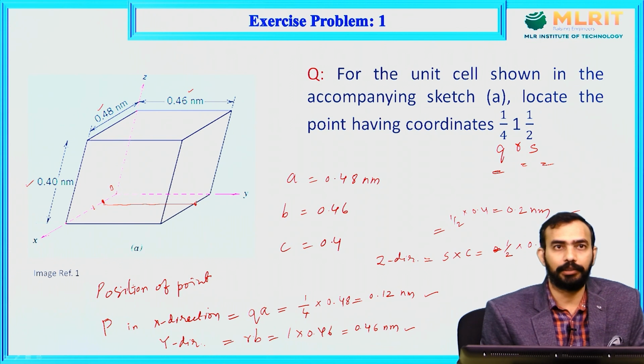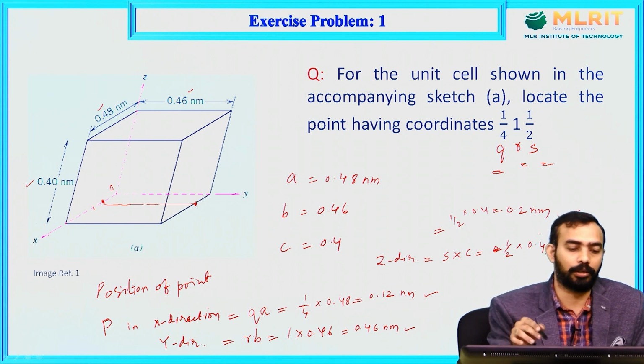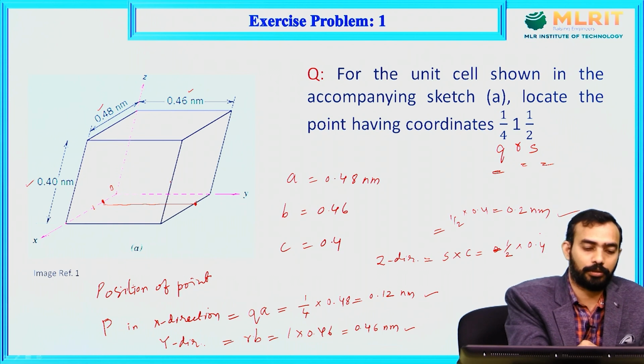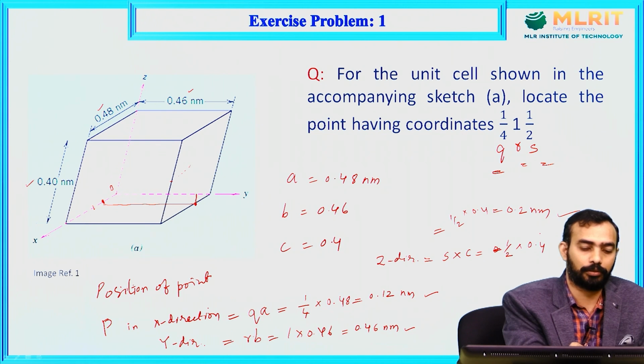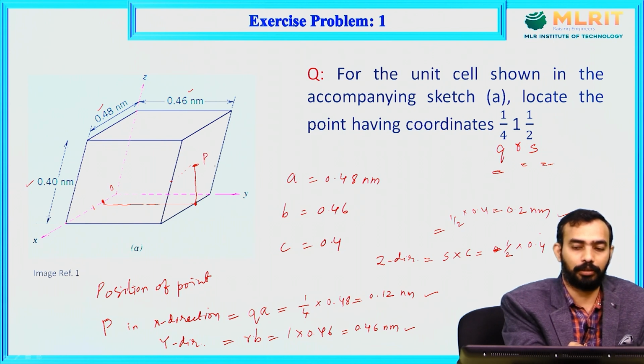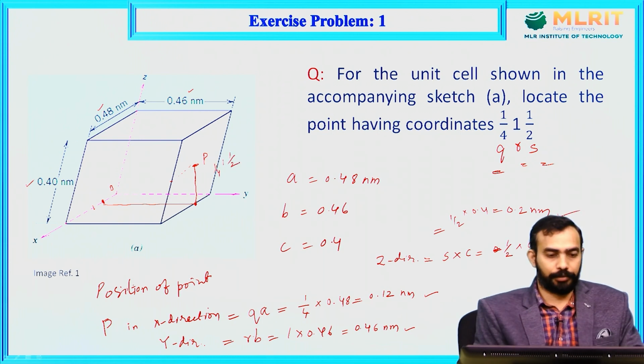In the z direction, how much does it need to go? Half of the total length. So this is the half, and if I draw a line parallel to this, this is the half. So this is position P, which has 1 by 4, 1, 1 by 2 as indices.